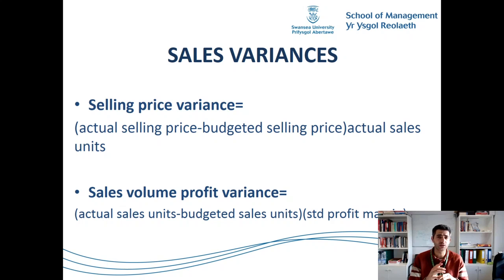The second formula, which you need to write down on your formula sheet, is the sales volume variance, which is the actual sales units minus budgeted sales units, and this you multiply by the standard profit margin. So far, guys, we have two formulas for sales and two formulas for fixed overhead. So you need to include them on the formula sheet.